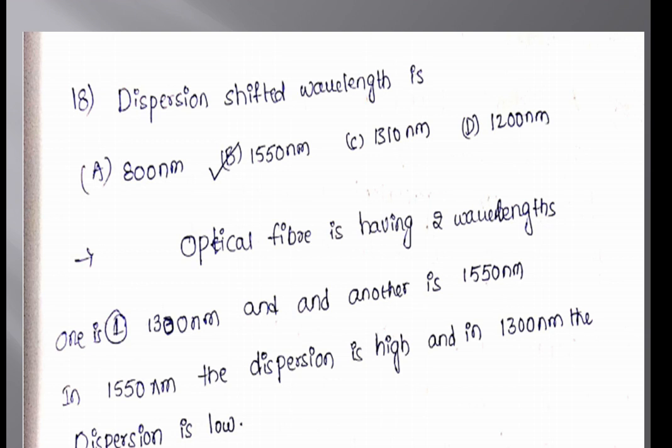The dispersion shifted wavelength is the one with the higher value. Of these two, 1550 nanometers is the highest value, so this is said to be the dispersion shifted wavelength of the optical fiber.